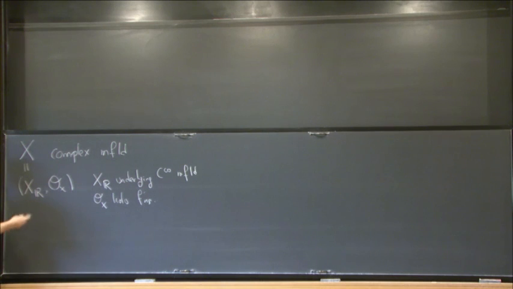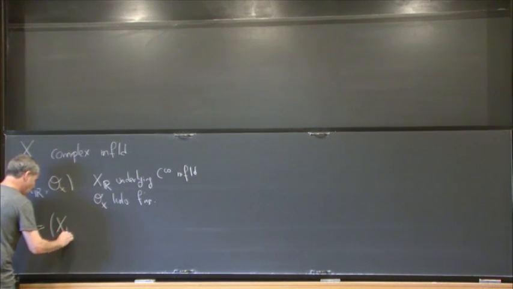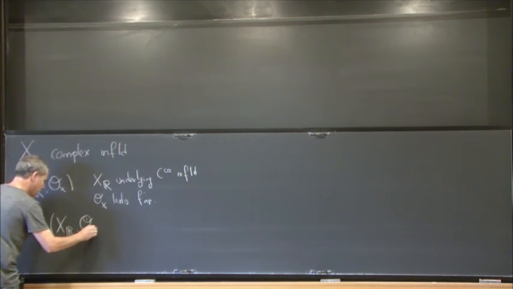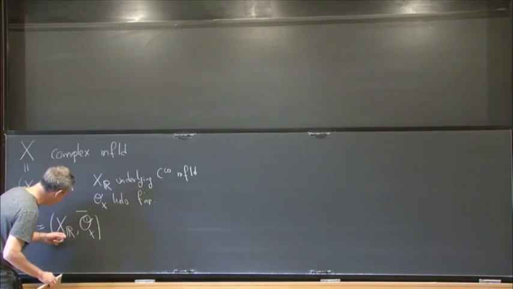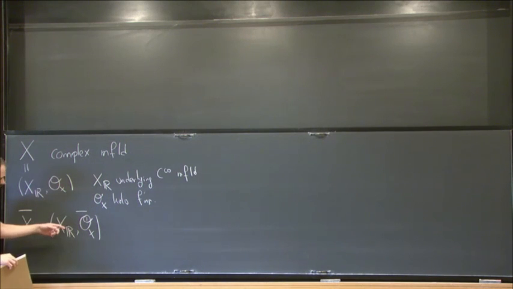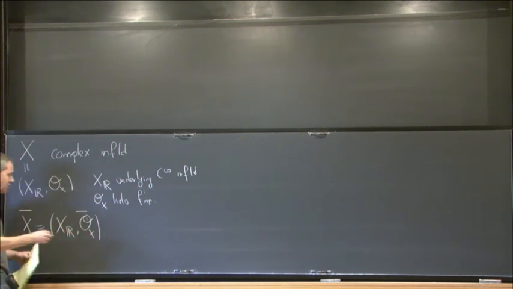Then you have X bar, the complex conjugate complex manifold, with the same X_R. O_X bar is a sheaf of holomorphic functions on X bar, and those are just the anti-holomorphic functions on X.